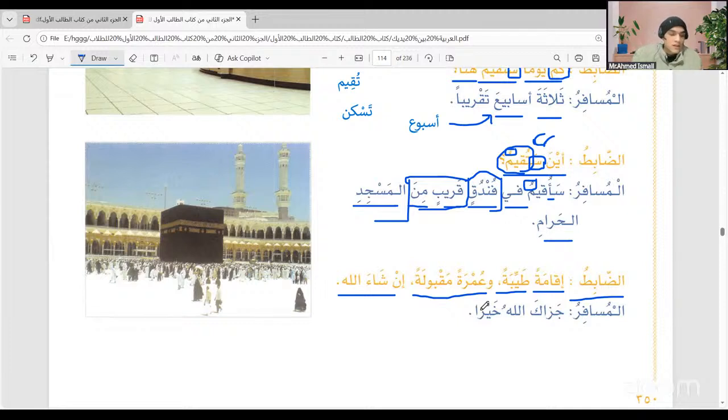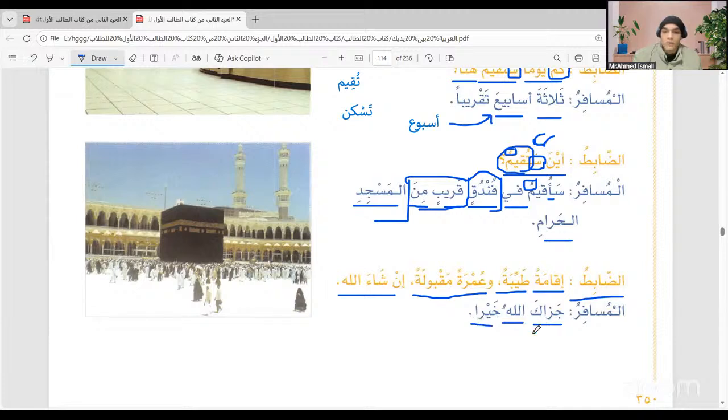The word إقامة means staying, and it's a noun from يقيم, and the word طيبة is an adjective here, which means something that's good. So here he says إقامة طيبة وعمرة مقبولة إن شاء الله, and then the مسافر says جزاك الله خيرا.